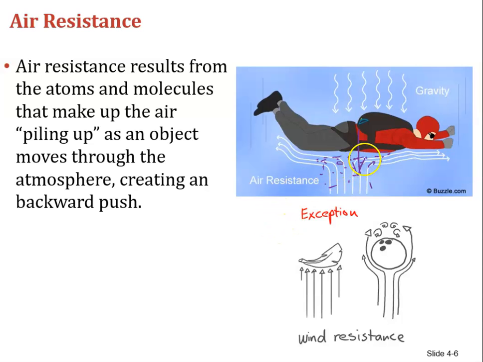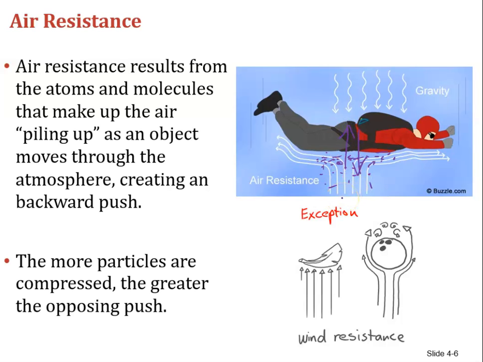And as he's falling, he gets them bunching up underneath him, and they create an upward force that is going to slow him down. So the more the particles are compressed, the greater the opposing push. And eventually he will reach something called terminal velocity, where he'll actually stop accelerating and he'll start moving at a constant speed.